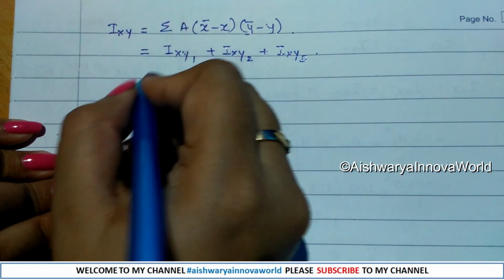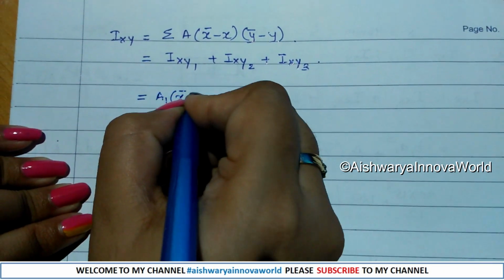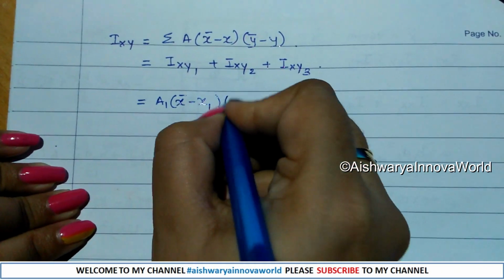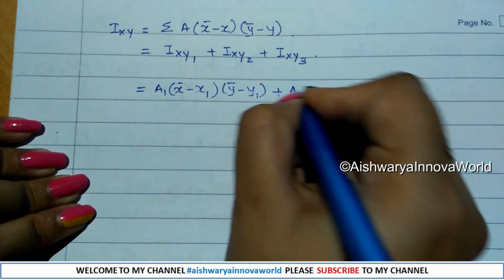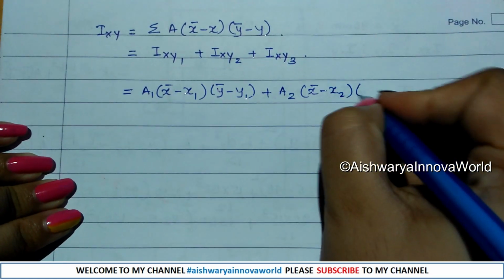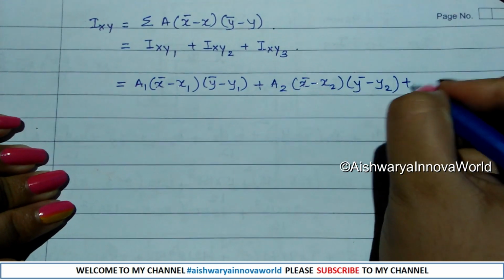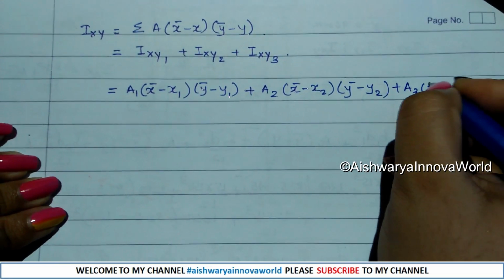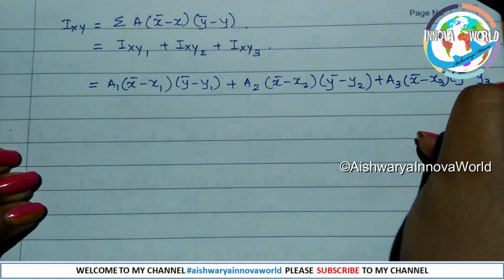Now apply this basic standard form: A1 (x bar minus x1) into (y bar minus y1) plus A2 (x bar minus x2) into (y bar minus y2) plus A3 (x bar minus x3) into (y bar minus y3).